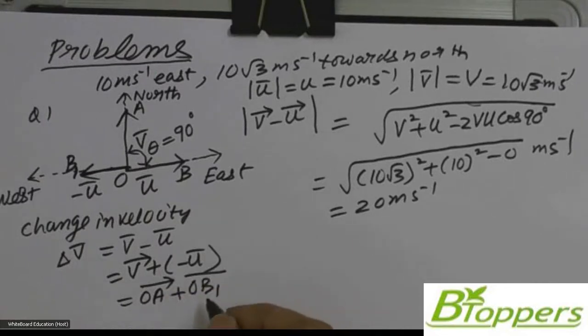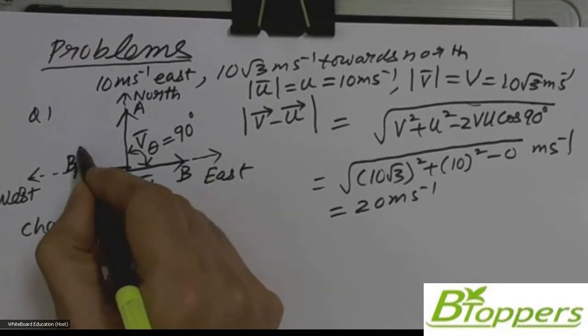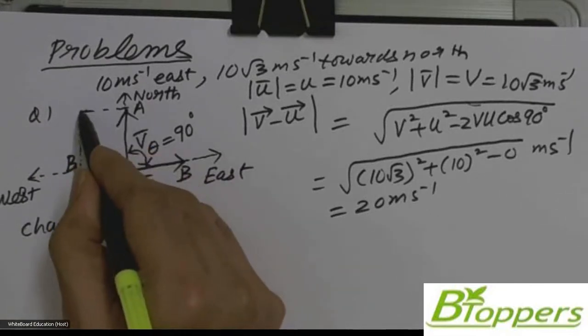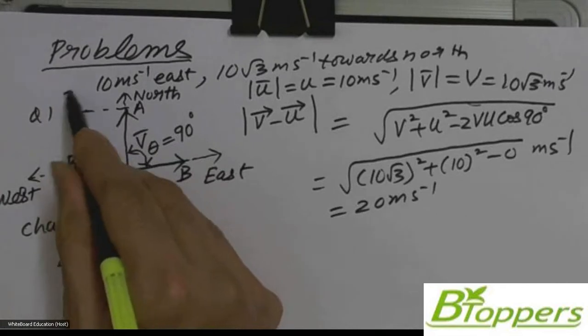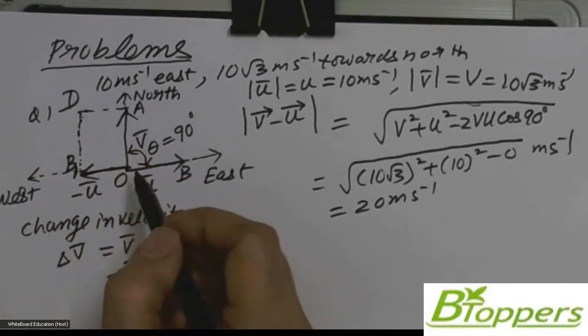The change in the velocity vector is the vector sum of OA bar and OB1 bar, which you can find by completing the parallelogram with OA and OB1 as adjacent sides.